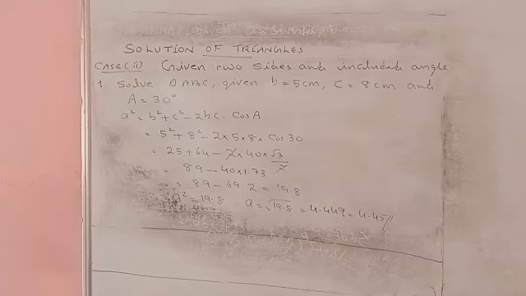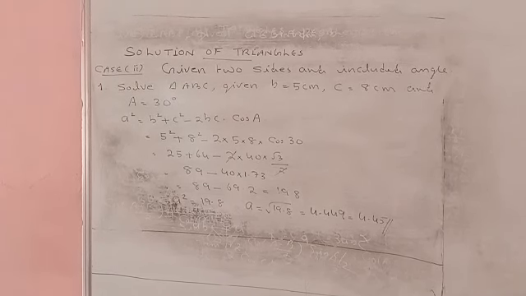Next we have to find angle B and angle C. We know that cos B is equal to a squared plus c squared minus b squared by 2ac.